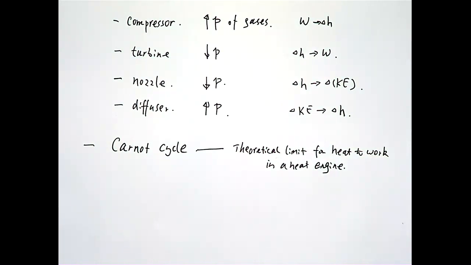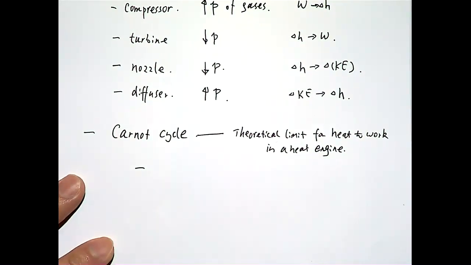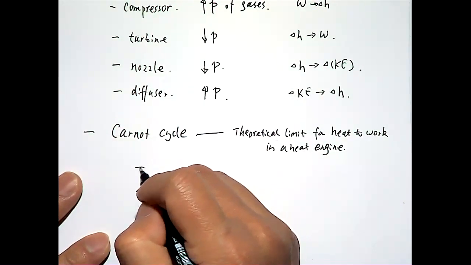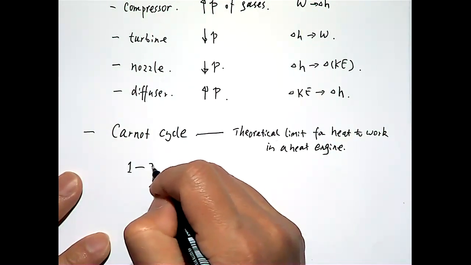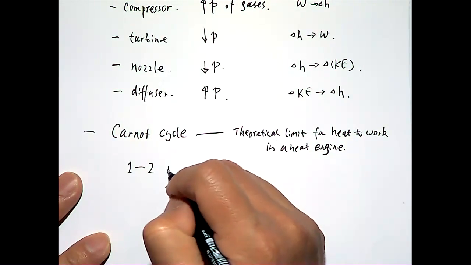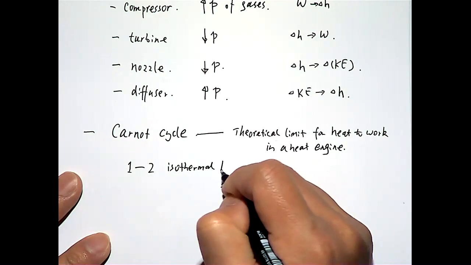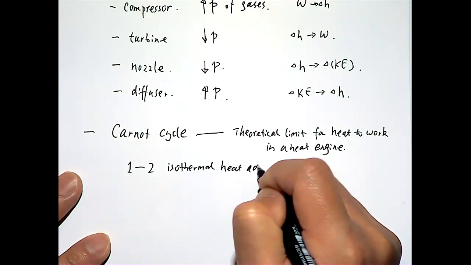Carnot cycle is basically 4 steps. So the first step is, let's say from 1 to 2, isothermal heat addition.